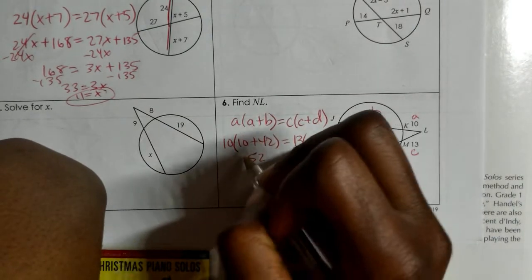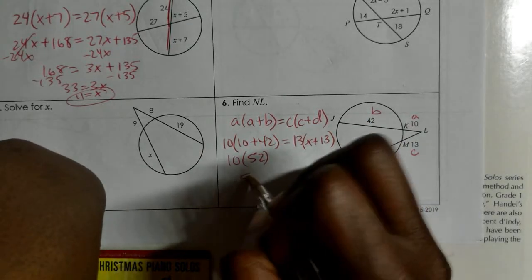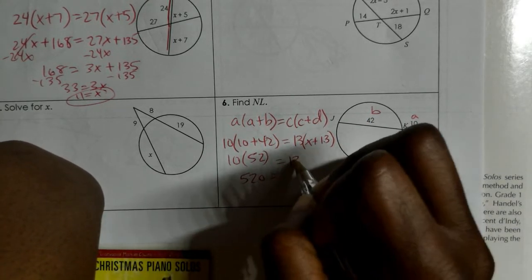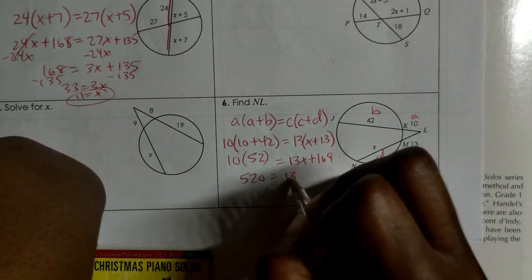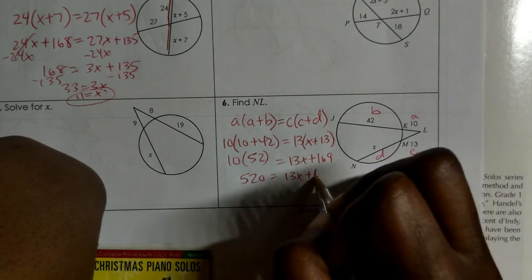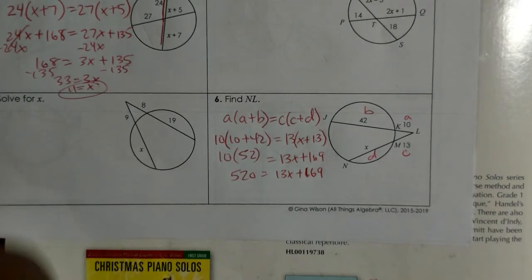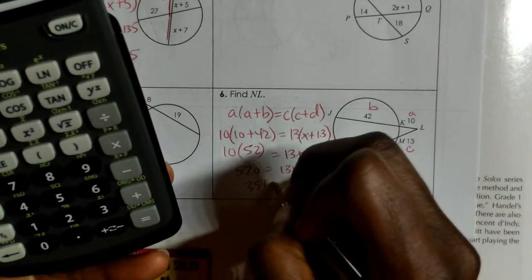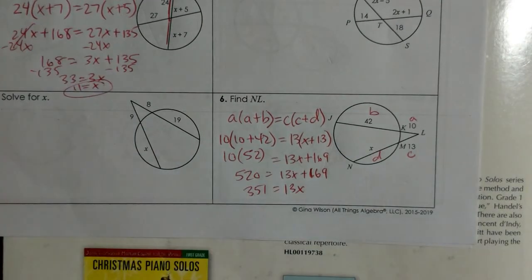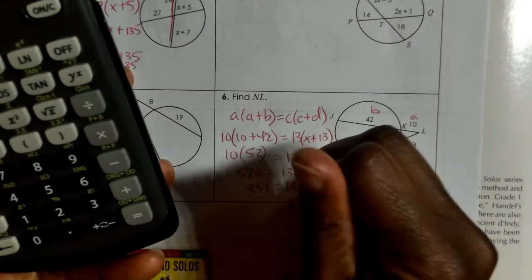So 52 times 10 is going to be 520. 13x plus 169. Okay, so we need to move the 169 over. So 351 equals 13x. And x is 27.